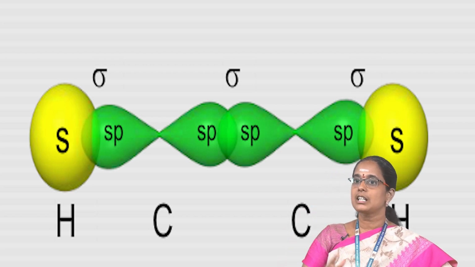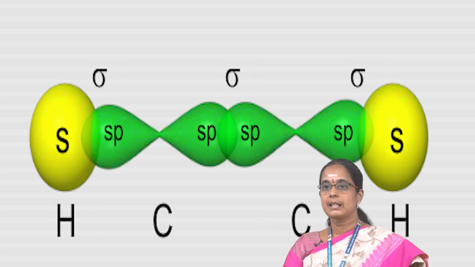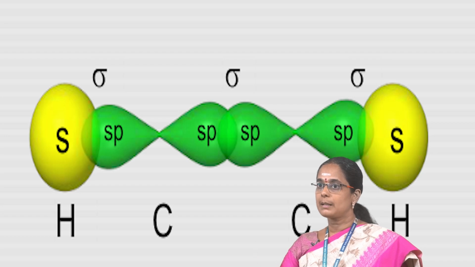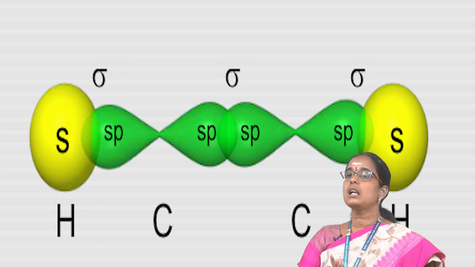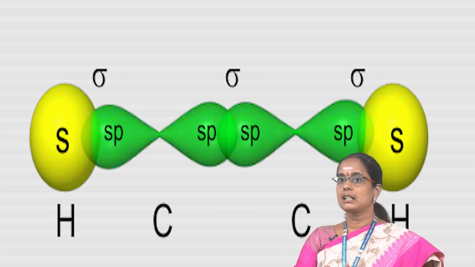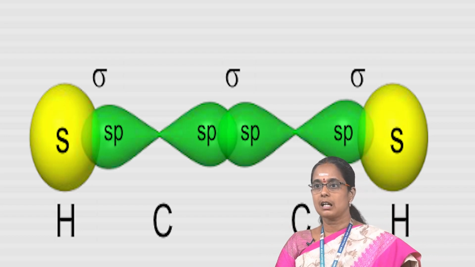That is the hybridization orbital. Hybridization is defined as the concept of mixing or merging of orbitals of an atom having nearly equal energy to produce entirely new orbitals which are equal in number to the mixing orbitals.